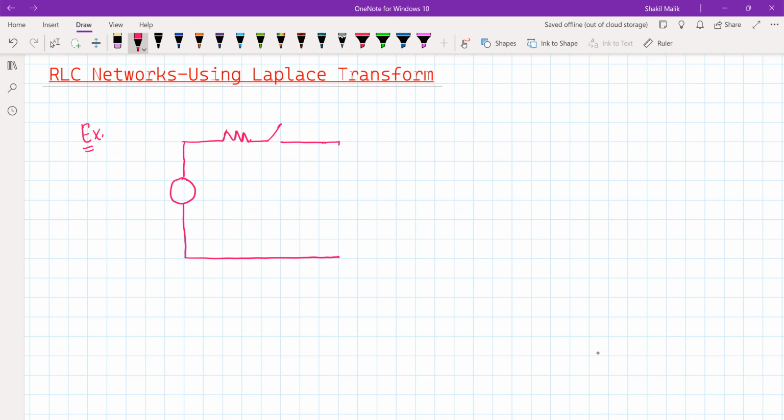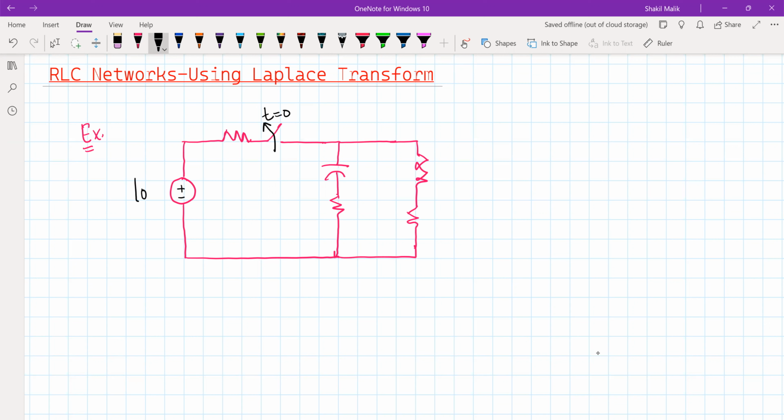So we have a capacitor here and a resistor here. Then we have an inductor and a resistor here. This switch is opened at t equal to 0, and there's a voltage source here.